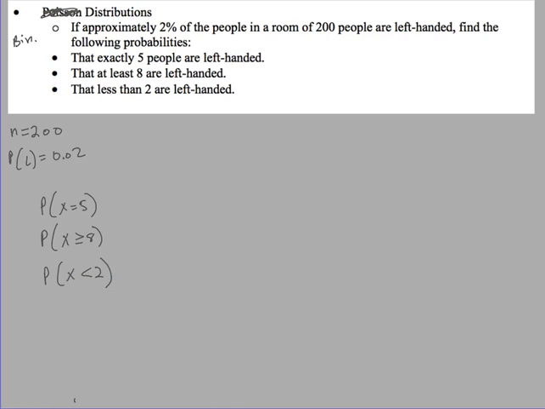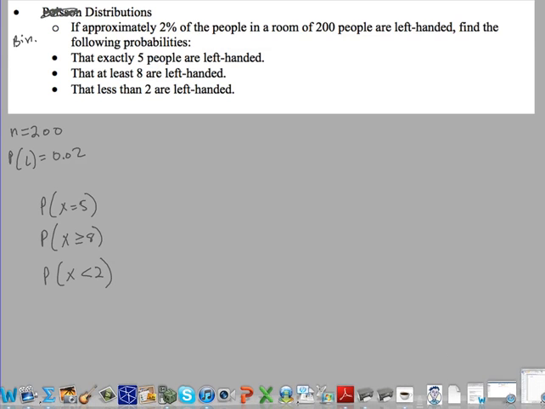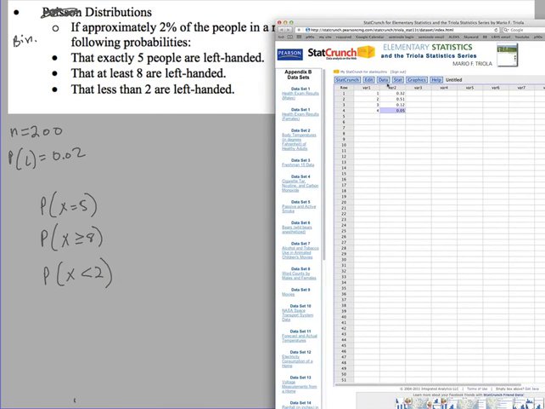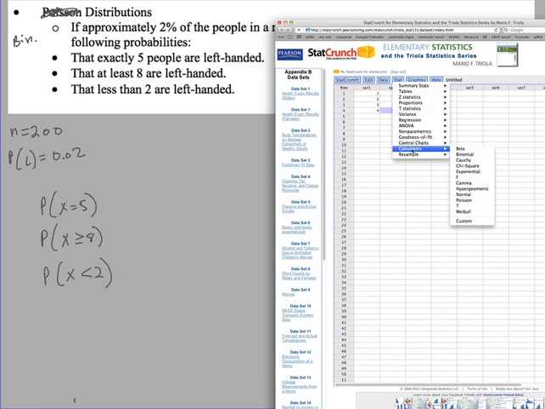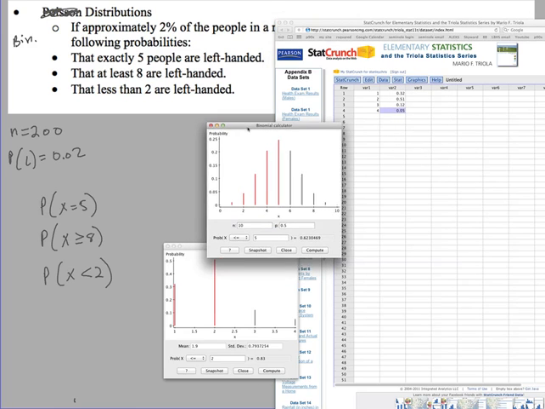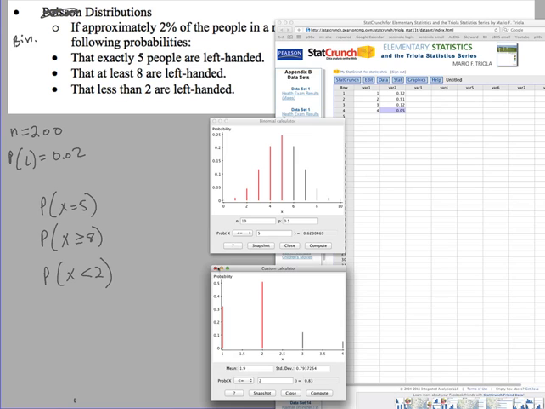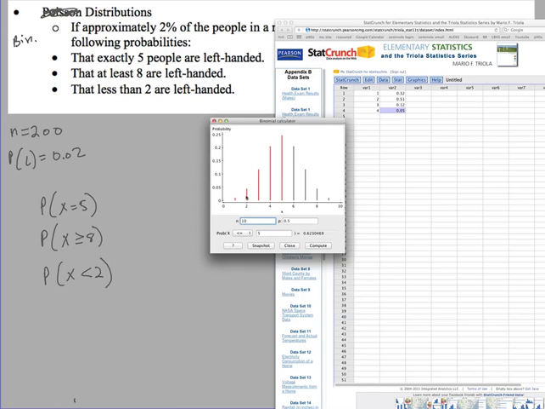Okay, so to do this, we go to our StatCrunch. Go to Stat, Calculators, Binomial. This is the important thing. How many people did I have? I had 200 people.